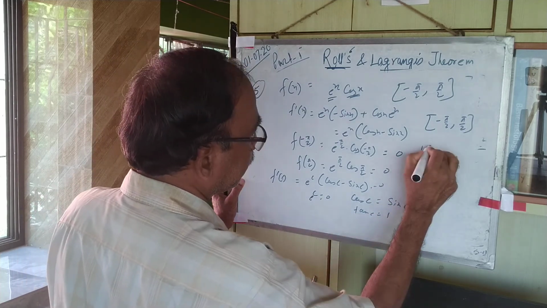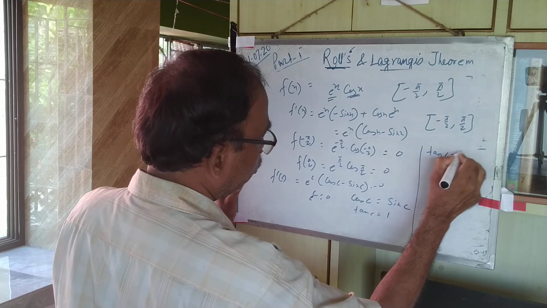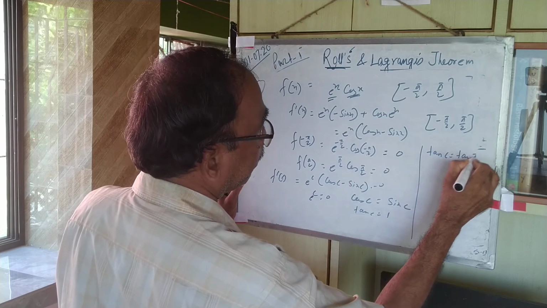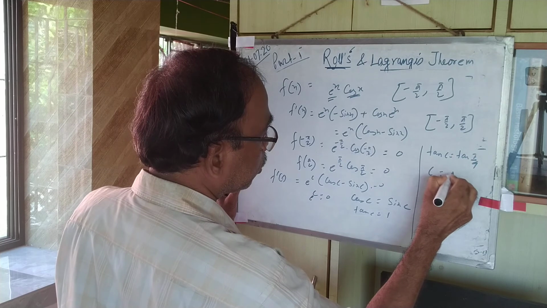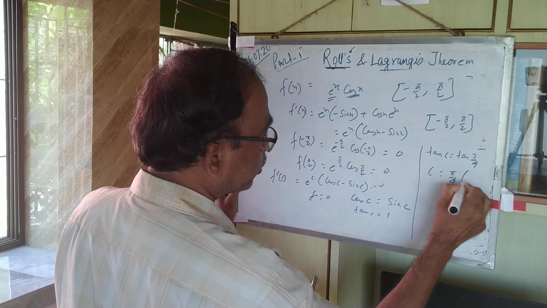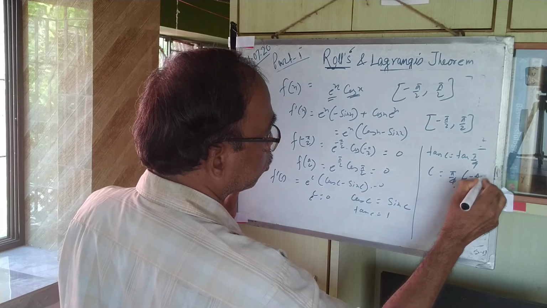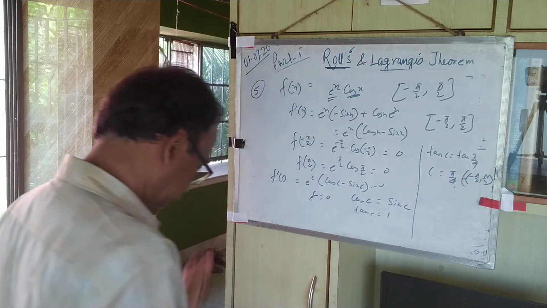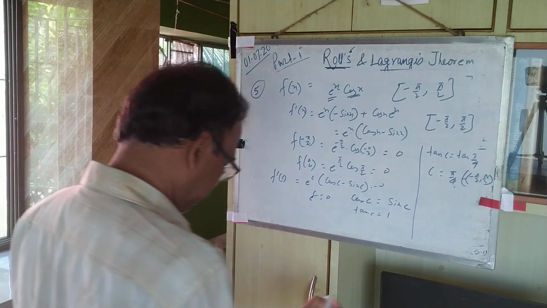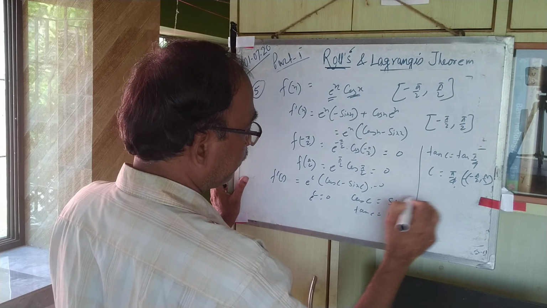We can write tan c equals 1 means tan pi by 4, then c equals pi by 4, which lies between minus pi by 2 to pi by 2. Hence Rolle's theorem is verified.